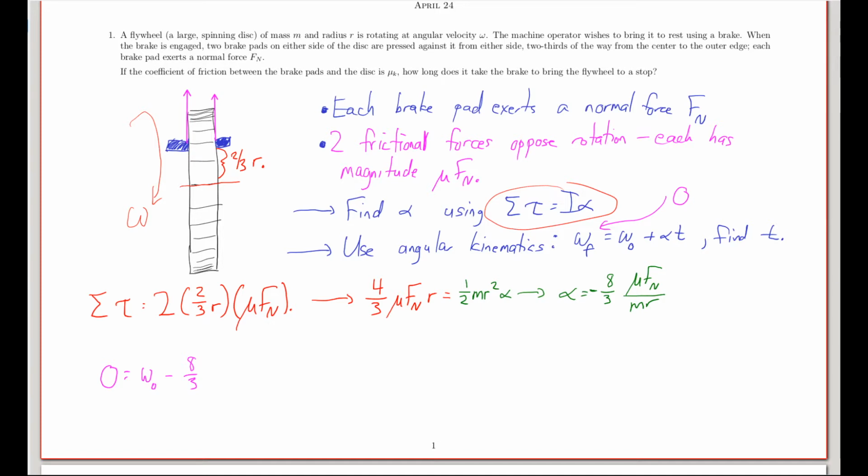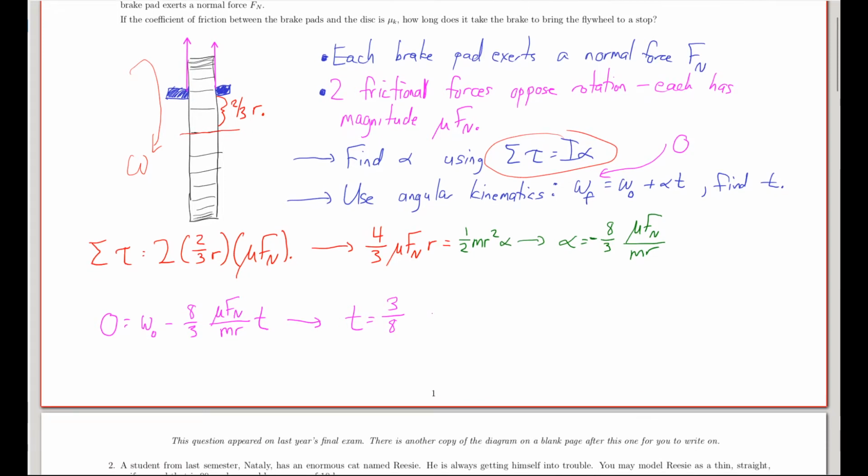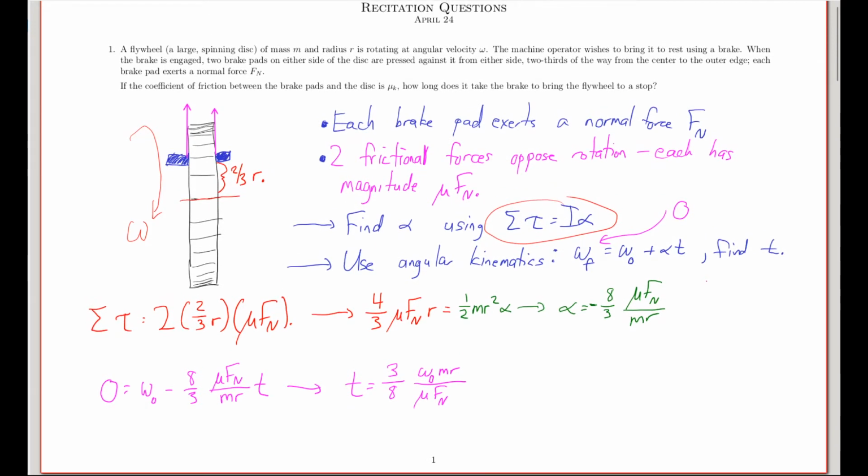Minus 8/3 mu times the normal force over mr times t, telling us that t is going to be 3/8 omega naught mr over mu F sub n.